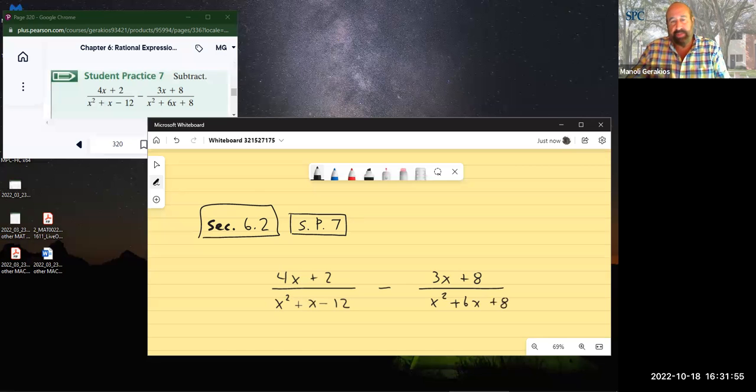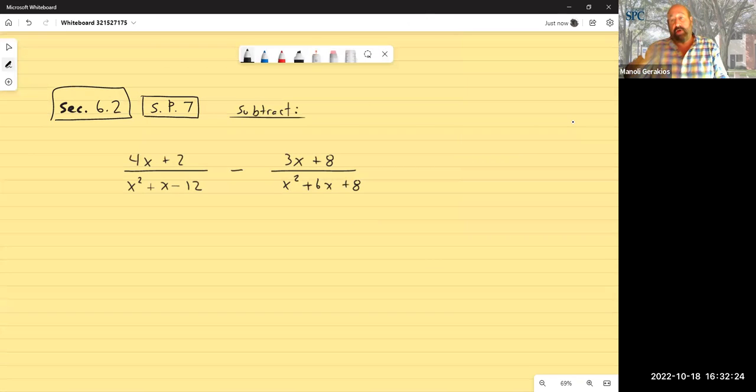I'm just going to make sure I copied it correctly. 4x plus 2 over x squared plus x minus 12, and all of that first rational expression minus 3x plus 8 over x squared plus 6x plus 8. And the instruction that we read is subtract. Okay, one word instruction. So let's max out the view of this window. Gives plenty of room to work.